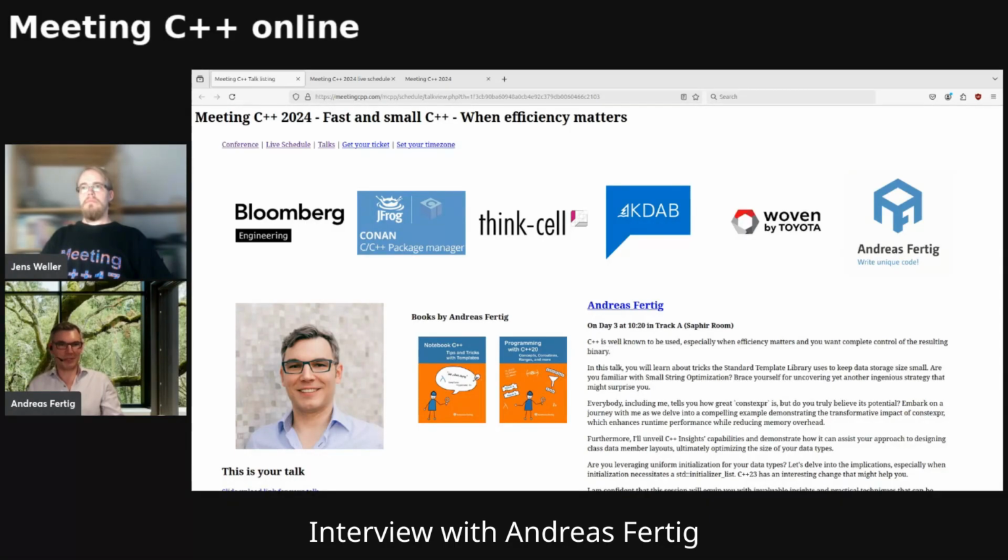So libc++, libstdc++, MSVC's STL, and they all do it differently. And I think they all have a different focus. And I find that a really interesting example because everybody has the same goal. They even implement the same spec, but they do it in different ways.